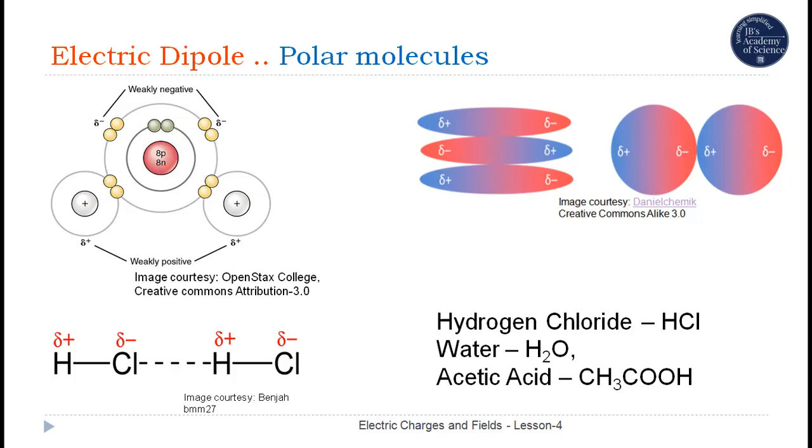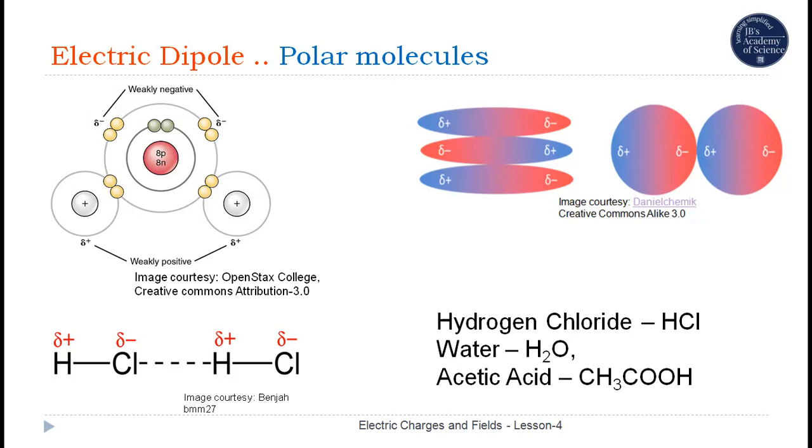Same is the case with hydrogen chloride. Hydrogen and chlorine. Chlorine is highly electronegative. Hydrogen is electropositive. So chlorine will attract the shared electrons towards the side of the chlorine. So they will be slightly shifted from the equilibrium position, and therefore hydrogen will acquire a positive charge and chlorine will acquire a negative charge.